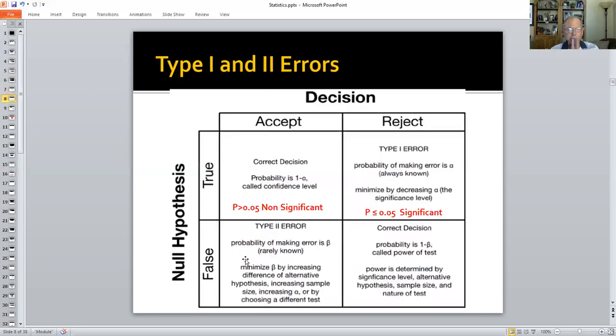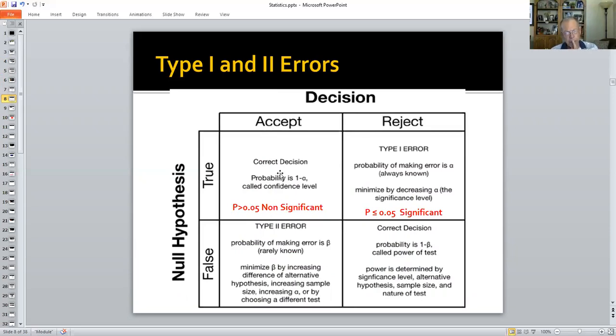Okay, interesting little slide. This one here requires a little bit of thinking. On the one side, we've got the null hypothesis, which is either false or true. Now remember, this is the null. And here's our decision. Do we accept it or reject it?